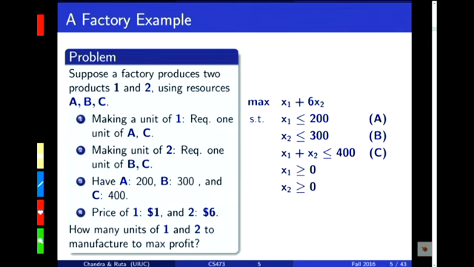I have exactly 200 units of A, but A is used only by product 1, so x1 cannot be more than 200, because I have only 200 copies of A. Similarly, x2 cannot be more than 300, because product 2 uses B and I have at most 300 copies of B.